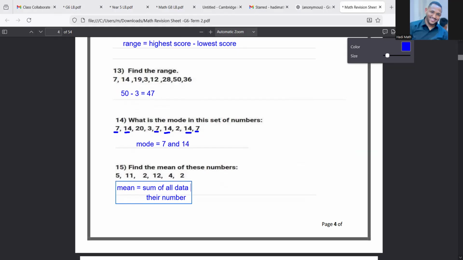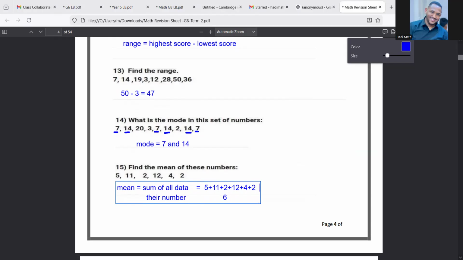Then go and add all of them. That's equal to 5 plus 11 plus 2 plus 12 plus 4 plus 2 divided by, some people add them correctly and they forget about their number. Count them carefully. 1, 2, 3, 4, 5, 6. There are 6. And add them carefully so you're not making mistakes.